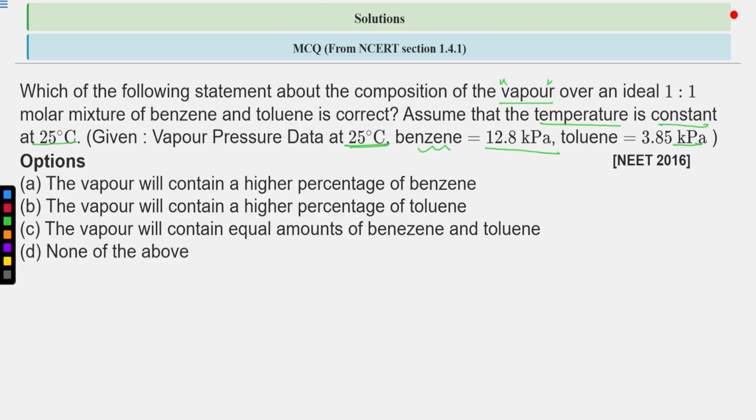The options provided are: the vapor will contain a higher percentage of benzene, the vapor will contain a higher percentage of toluene, the vapor will contain equal amounts of benzene and toluene, or none of the above.